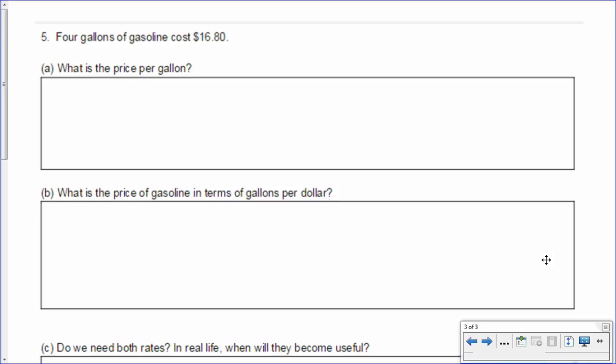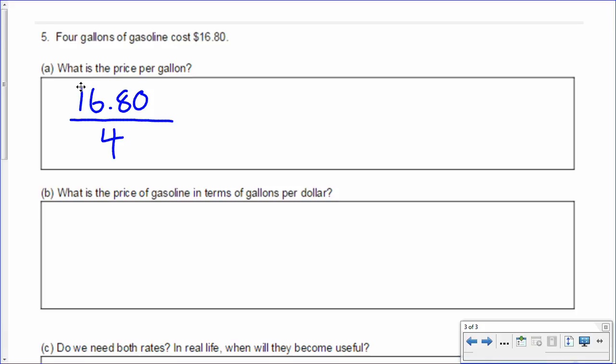Okay, so 4 gallons of gasoline cost $16.80. What is the price per gallon? Well, this should look fairly familiar. We did something pretty close to this earlier. So, if we're given how much gasoline was bought, a total of $16.80 was paid for 4 gallons of gas.